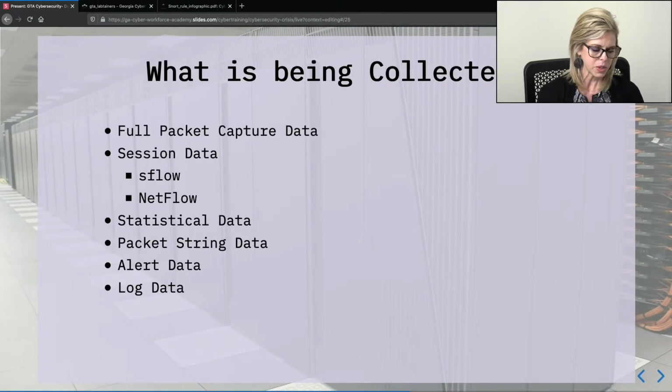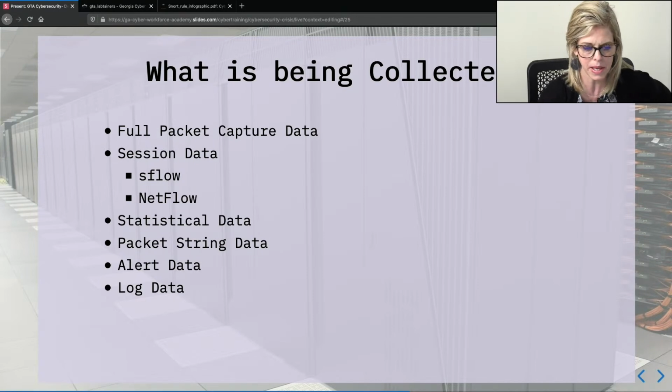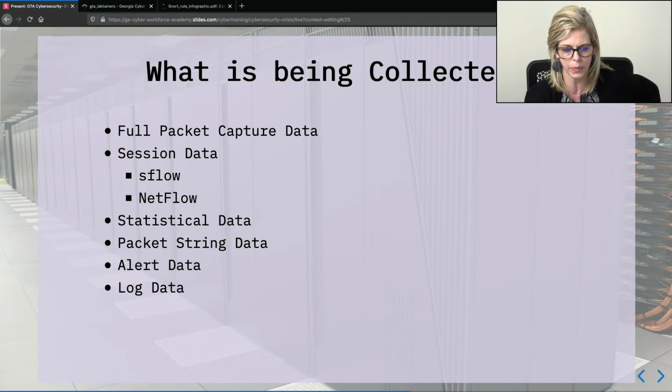So the full packet capture is going to have the full accounting of communication between our different endpoints. It's normally stored as what's referred to as a PCAP, which we'll talk about in a minute when we get into Wireshark and tcpdump.